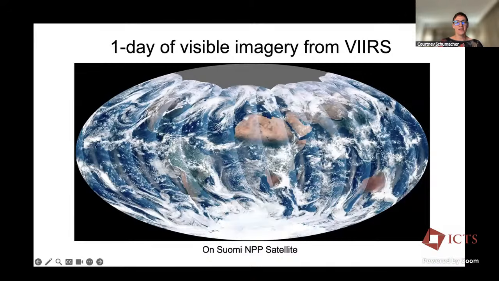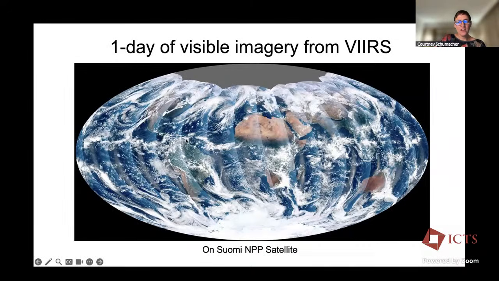So I was given the title Tropical Clouds. This is the only actual cloud image I'm going to show, but it's a really beautiful visible imagery from VIIRS, which is a low Earth orbit instrument on the Suomi NPP.